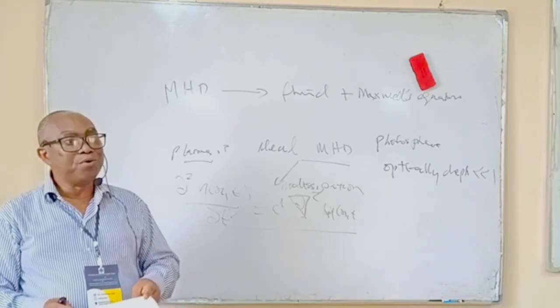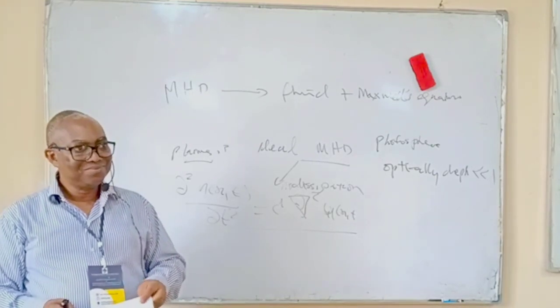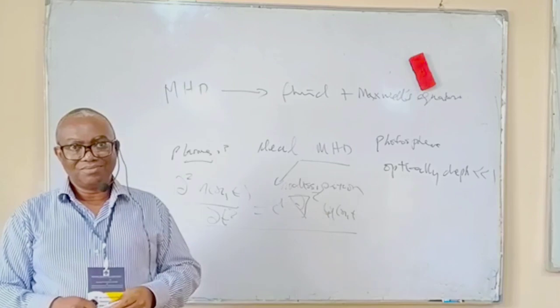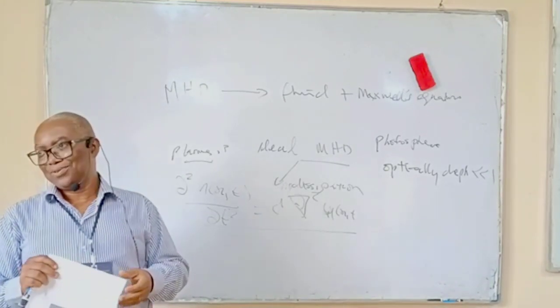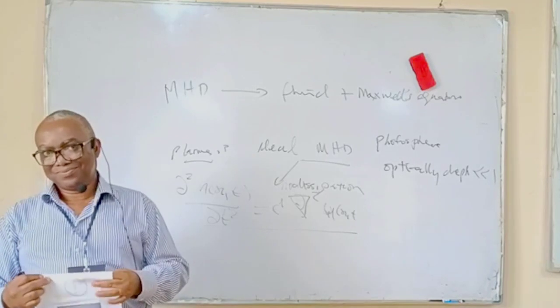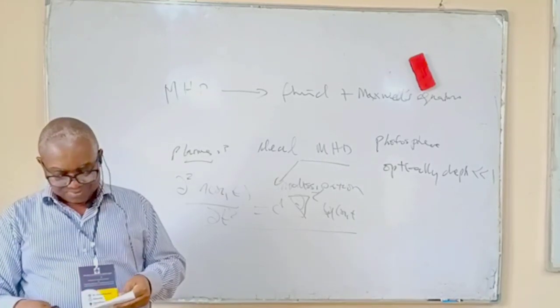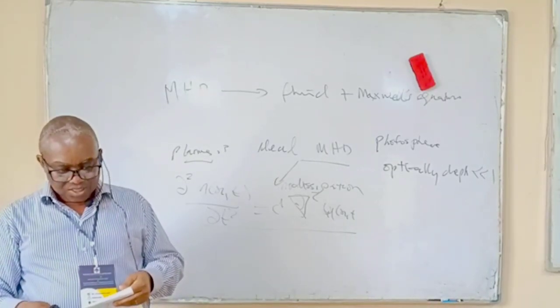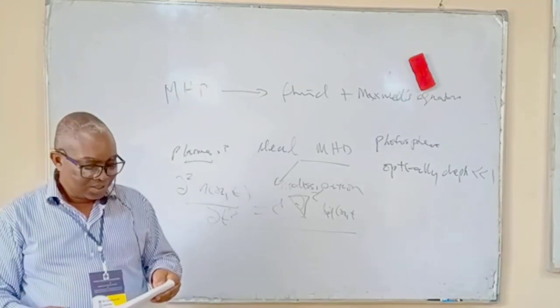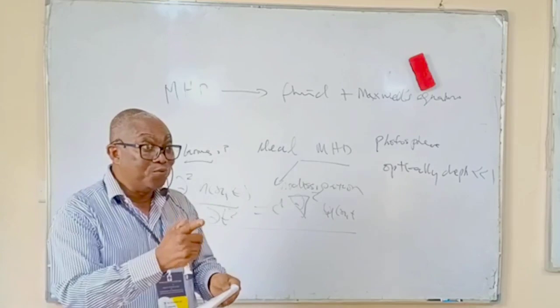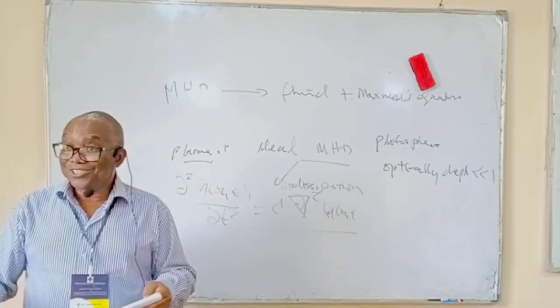You may ask me a question, what is an optical depth? Since you are not asking me, let me ask you. What is an optical depth? Well, it's a fraction of photons that can pass through a layer without dispersion.